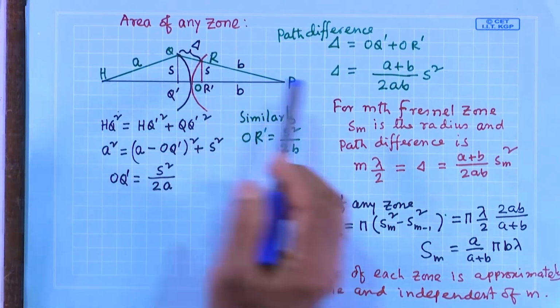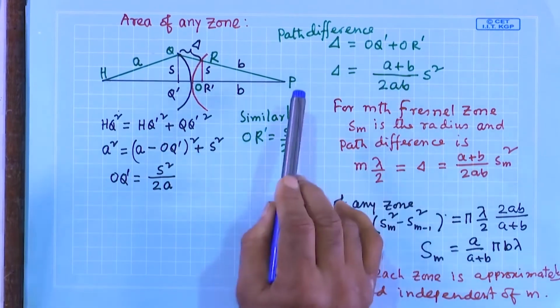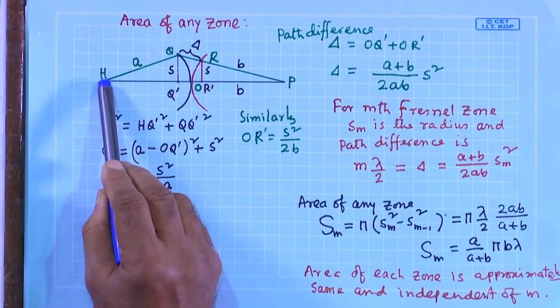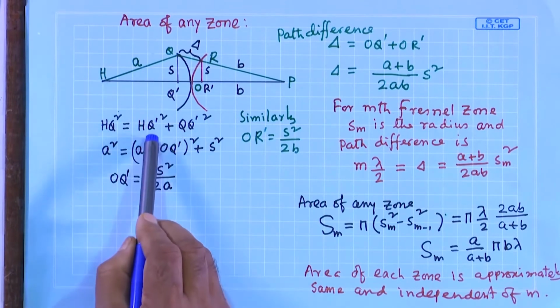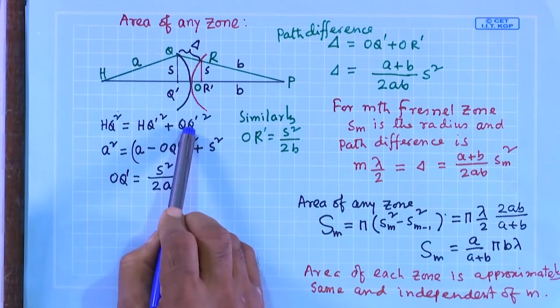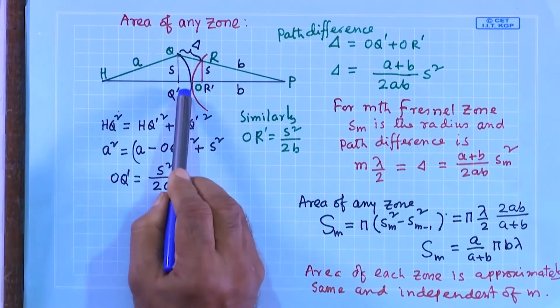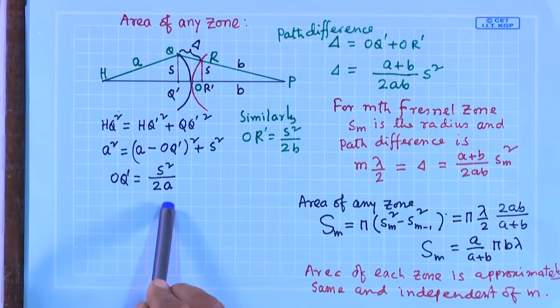That is delta. You can find it out. From here you can write HQ square equal to HQ dash square plus QQ dash square. So from here you can find OQ dash equal to S square by 2A.